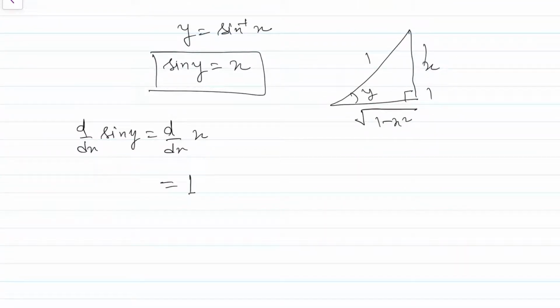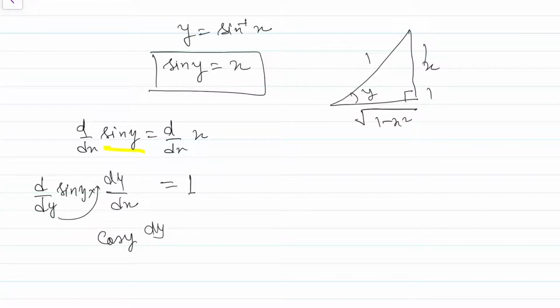Now this is not a function of x, so we have to apply the chain rule, and this is a function of y, so we'll write d over dy of sin y into dy over dx. D over dy of sin y will be cos y into dy by dx equal to 1. So dy over dx is equal to 1 over cos y.